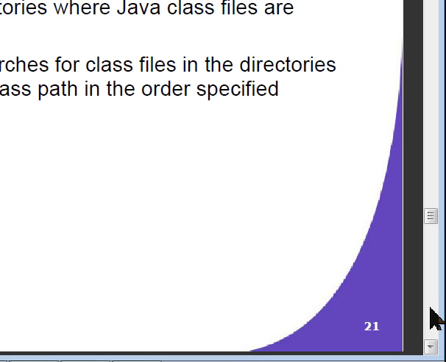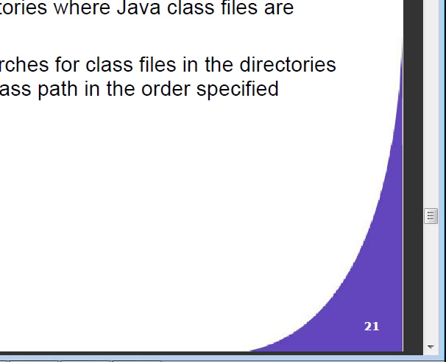So what is a class path? It is a set of directories where your Java class files are located. When you're running your Java applications, your Java runtime searches for the class files that you need from the class path, meaning it goes through the set of directories of the class path and sees whether the file it is looking for is in that directory.